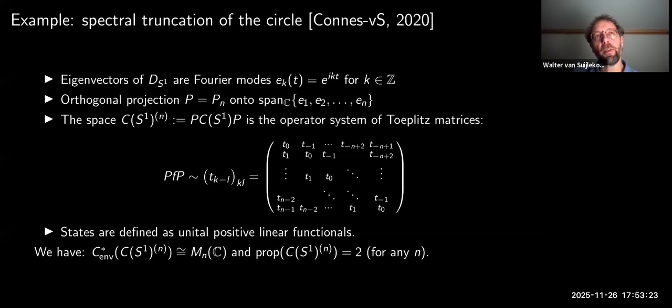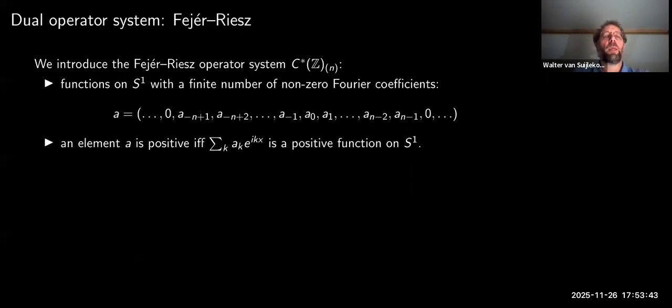So let's look at the geometries describing the space of states. For that we introduced a duality. Since this is finite dimensional, it's quite convenient to think about dualities, and not so problematic, maybe, with respect to the infinite dimensional situation. So that we dubbed the Fourier truncated operator system, and it's dual, in the sense that rather than truncating in the Hilbert space, we now truncate in the algebra.